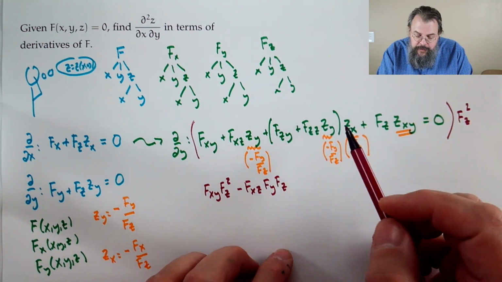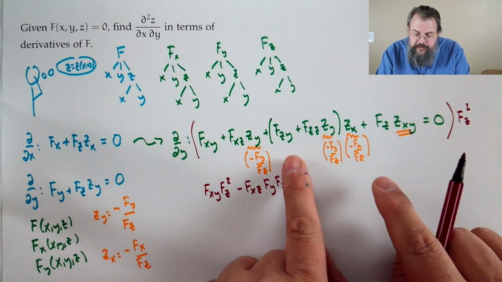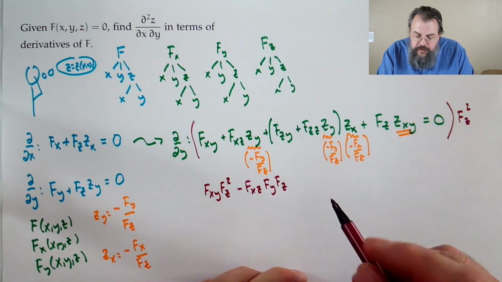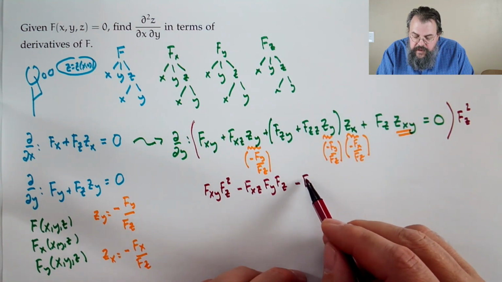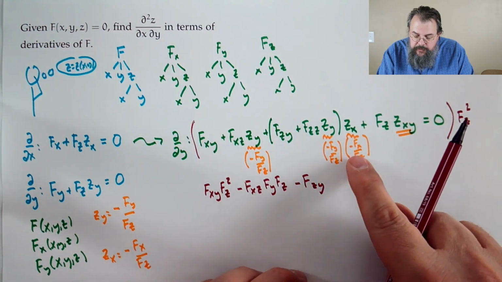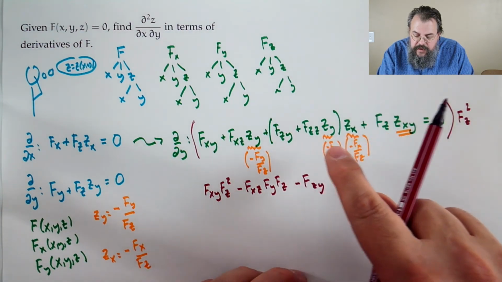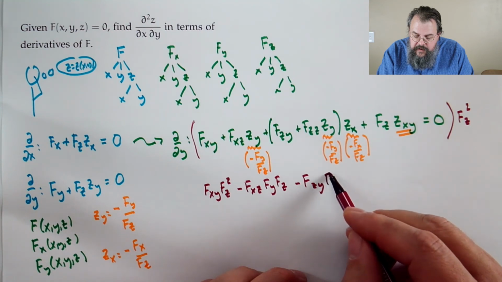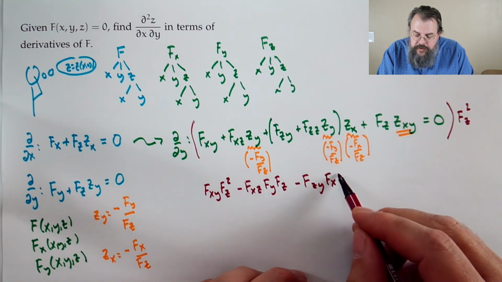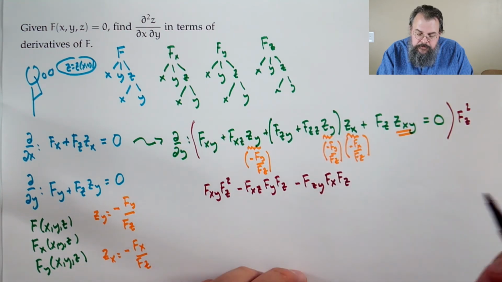Well, we have to be a little bit careful here. So we have fzy times this minus fx over fz. So we're going to get minus fzy. So the minus is coming from the minus there. fzy, there's an fx, and we cancel one of the fz's. But we still have one fz left over.